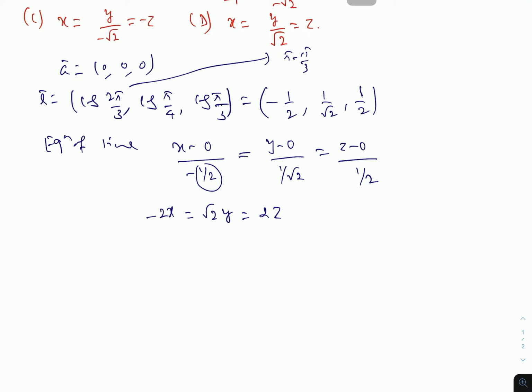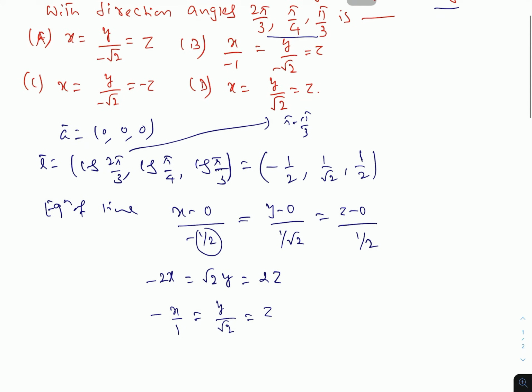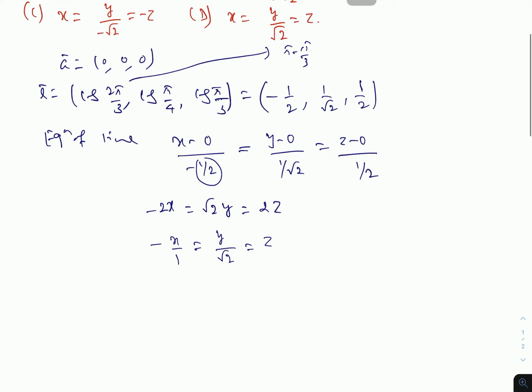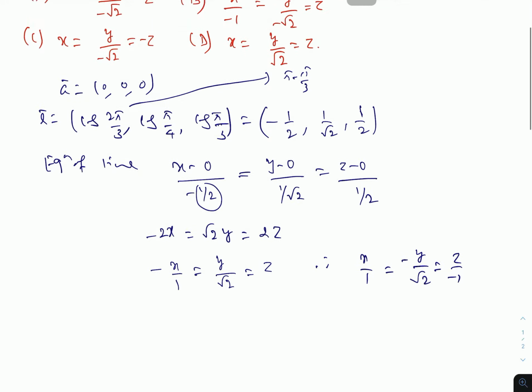And if you take 2 outside, then it is minus x by 1 equal to y by root 2 equal to z. Again the minus also you can take, so it is x by 1 equal to minus y by root 2 equal to z by minus 1, or you can say minus z.